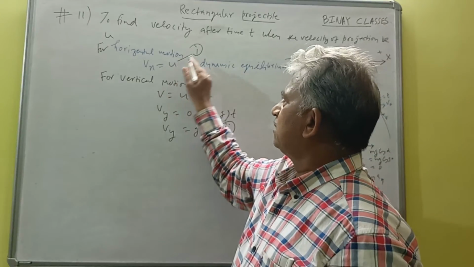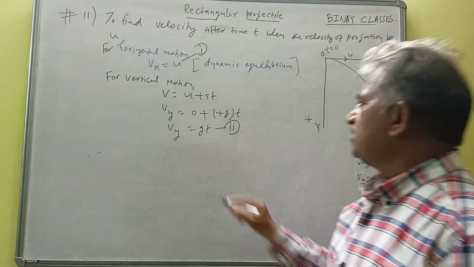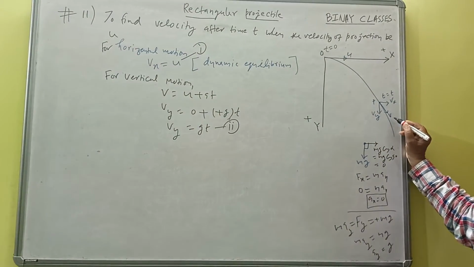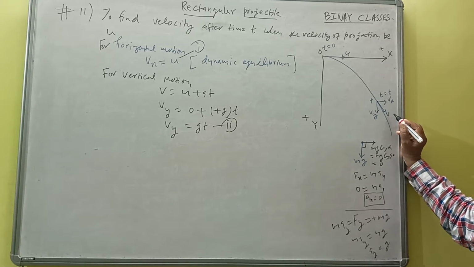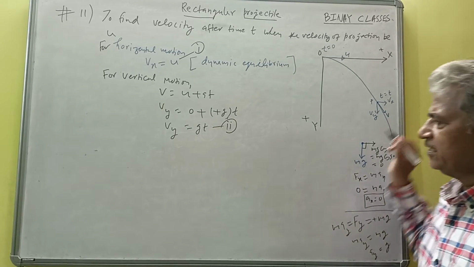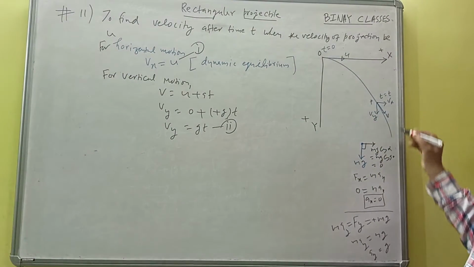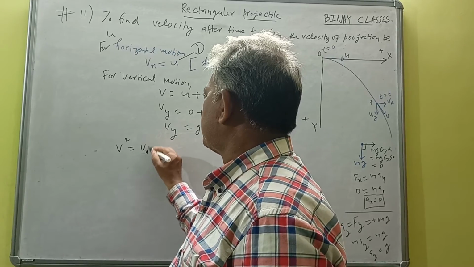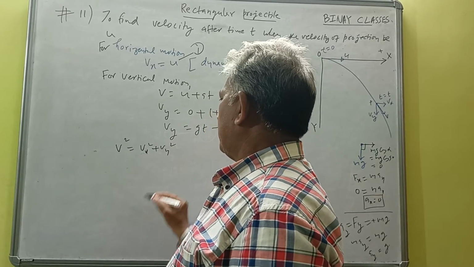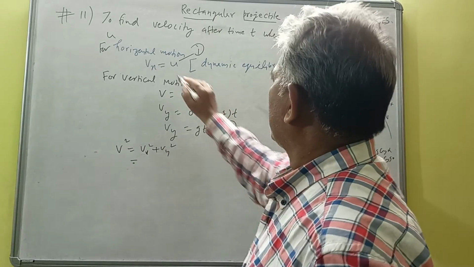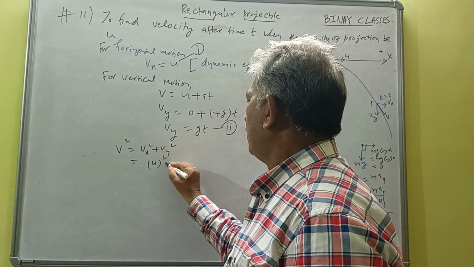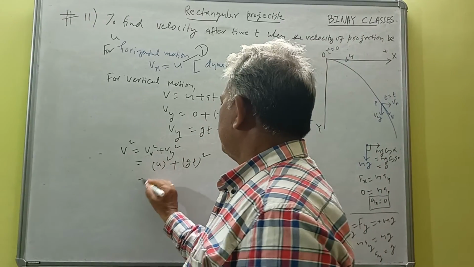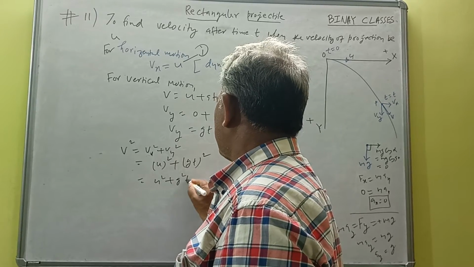So Vx is known from the first equation and Vy from the second equation. So we can find the magnitude of the velocity, known as speed, using the concept of the Pythagoras theorem: V square is equal to Vx square plus Vy square, and Vx is given as u and Vy is equal to gt, so solving, u square plus g square t square.